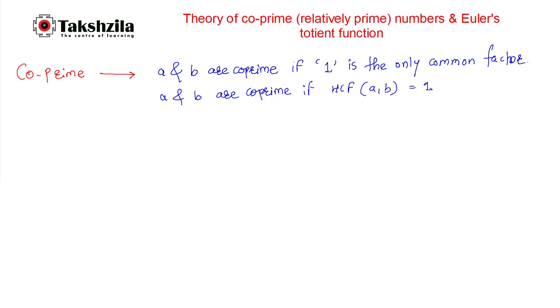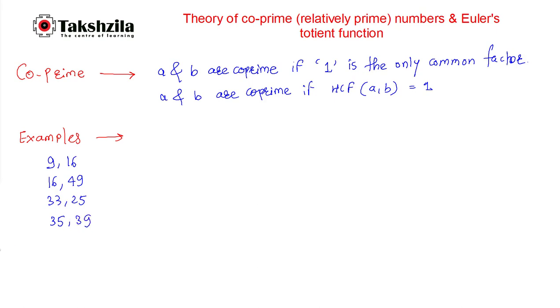Now let's have a look at the examples. A few random examples are 9 comma 16, then 16 comma 49, then 33 comma 25, then 35 comma 33, or you can say 35 comma 39 as of now.